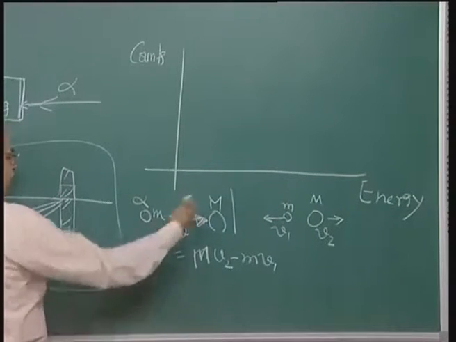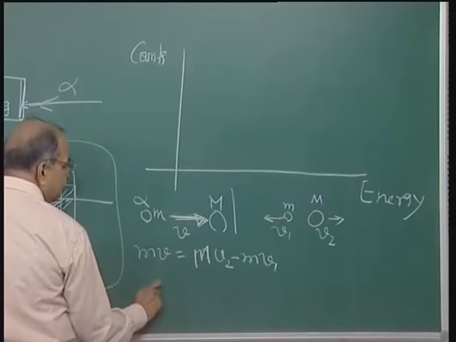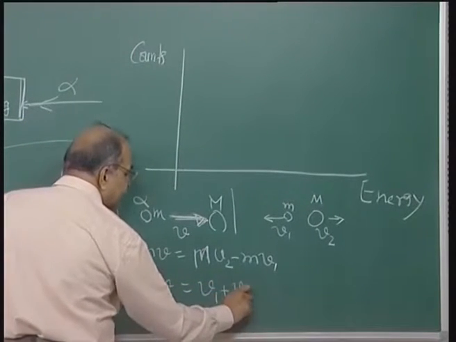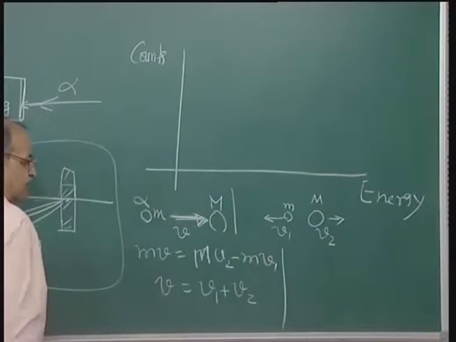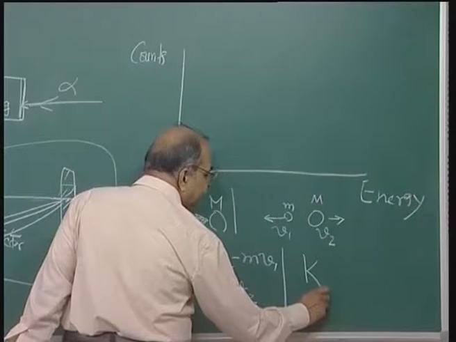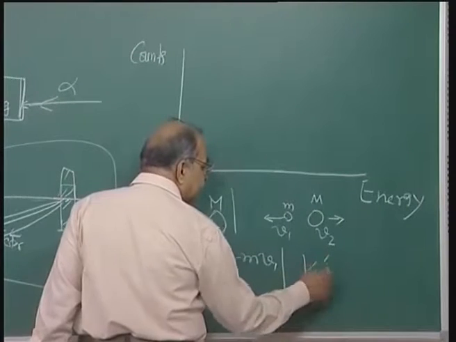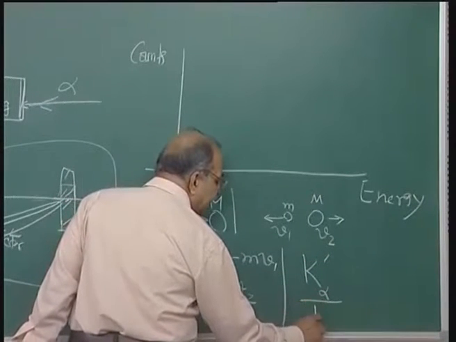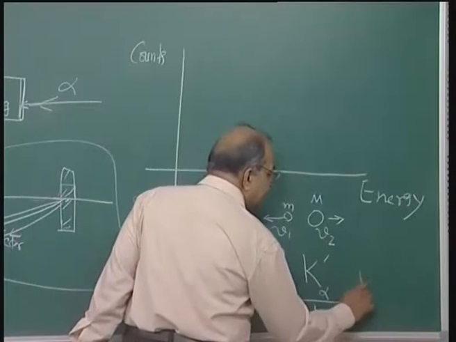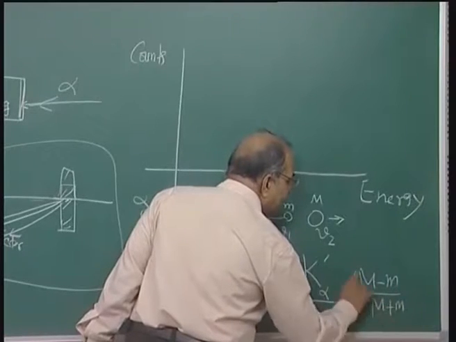And for this particular case, the energy conservation will finally give you velocity of approach equal to velocity of separation, and from this you can work out, the algebra is very simple, the kinetic energy of the alpha particle after the collision divided by its kinetic energy before the collision will be (M minus m) over (M plus m), squared.